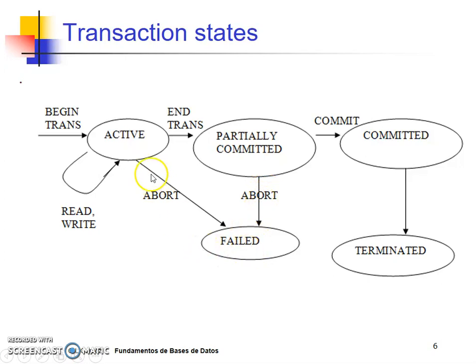Or when you are doing the transaction in the active state and you abort the transaction, you are going to be in a failed state. If there are no errors and you partially commit the transaction, you move to the committed state and then you finish the transaction. So we're going to see the begin transaction and the commits when everything is okay, or the abort or rollback when there is a failure.